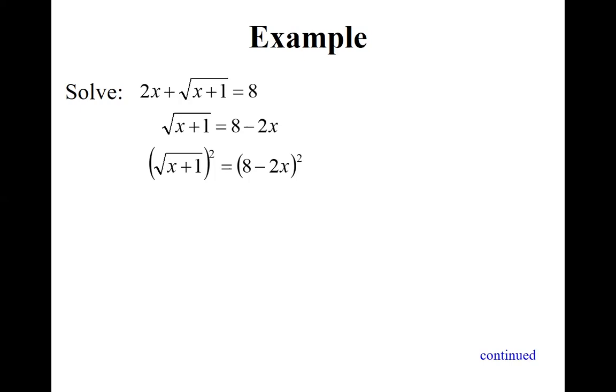Square the first, minus twice the first times the second, plus square the second. 64 minus 32x plus 4x squared. It's not 64 plus 4x squared or 64 minus 4x squared. There is a middle term that we get from the outer and the inner of foiling with itself. On the left side, the square and the square root cancel each other out, just leaving us with x plus 1.